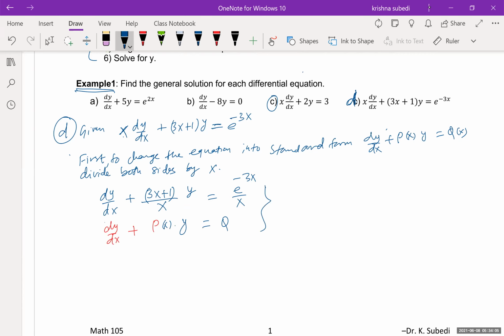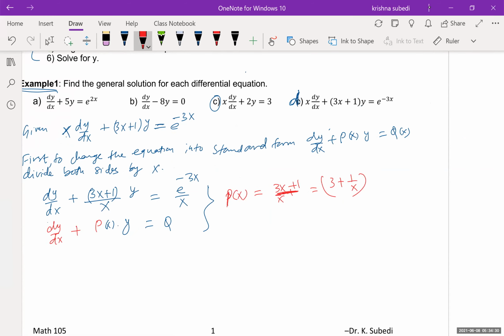All we need to know is what is your p. P of x is actually (3x plus 1) divided by x. Or you can write 3 plus 1 over x. You can write this way too.